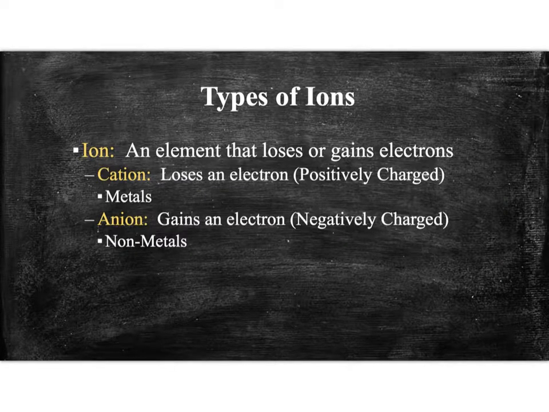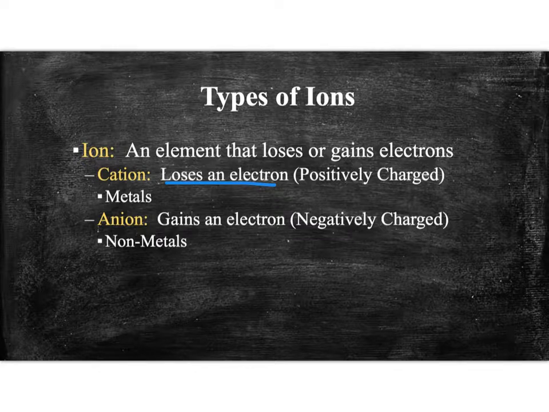All right, so now let's talk about the 2 different types of ions we can have. We can basically have a cation or an anion. So ions are just elements that lose or gain electrons. A cation loses an electron and becomes positively charged. An anion gains an electron and becomes negatively charged.